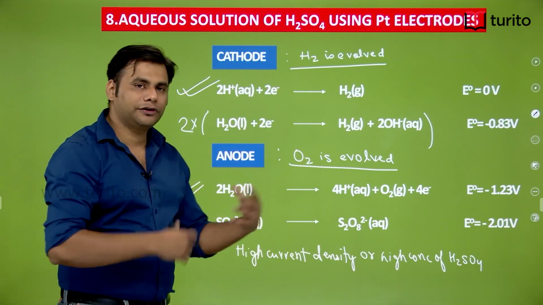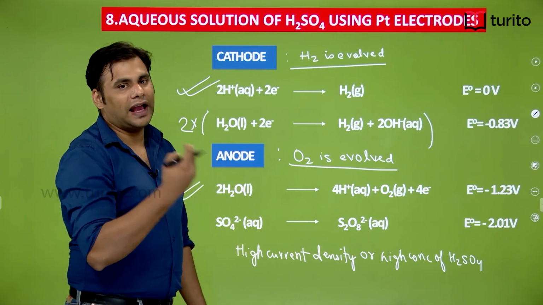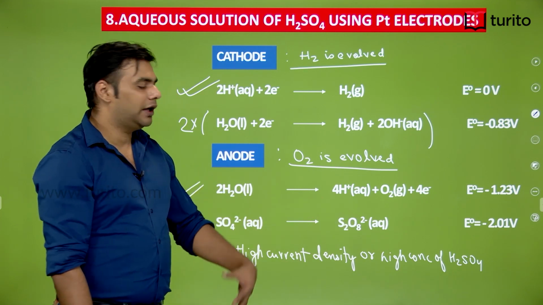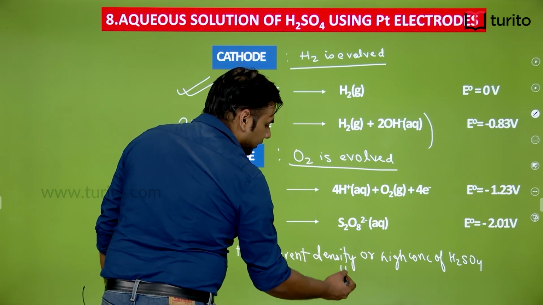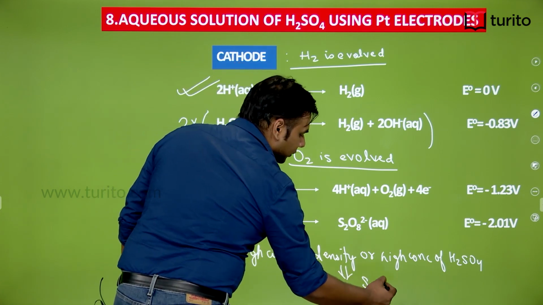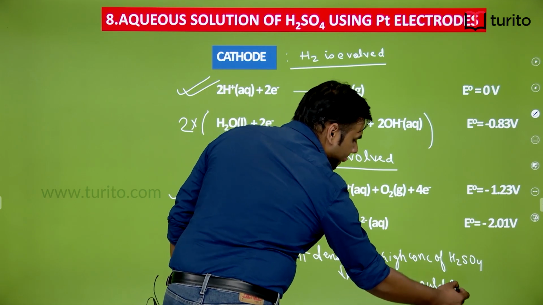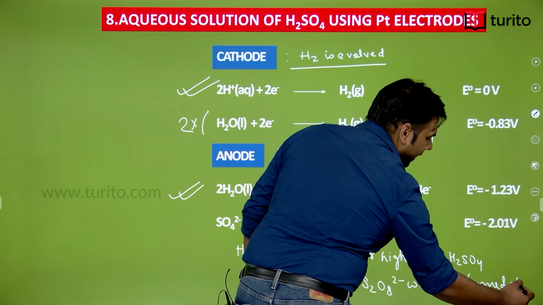Because the number of ions is more, near the anode the number of sulfate ions would be more, so the tendency of sulfate ion to get oxidized would be more. So in that case, H2S2O8 2- would be formed at the anode.